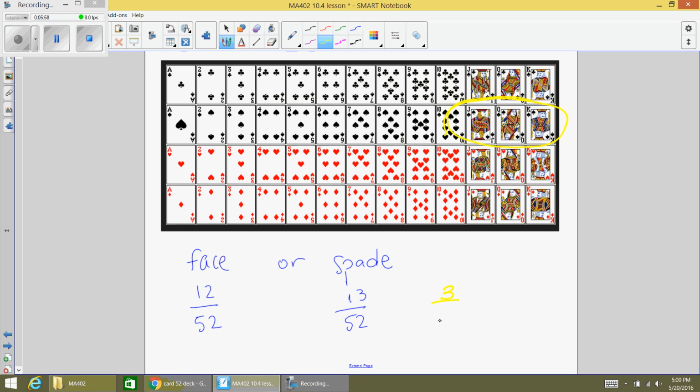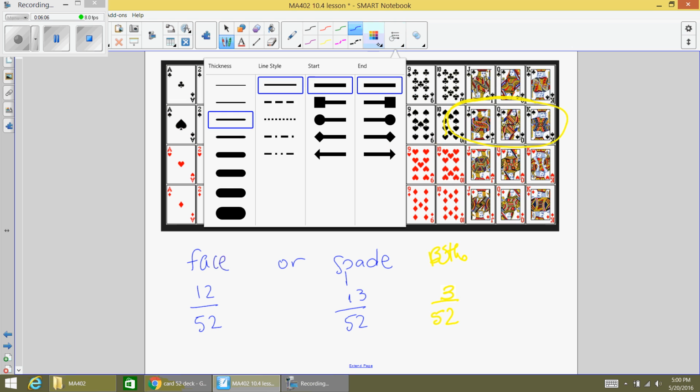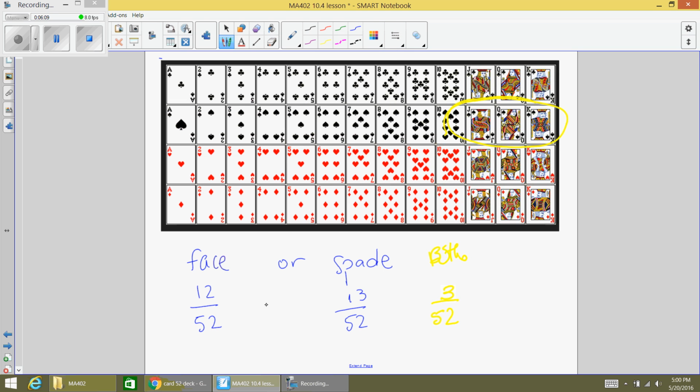That is 3 out of 52 that are both. Okay, so we are going to add and we are going to subtract. Add, subtract. And that leaves us with something over 52.